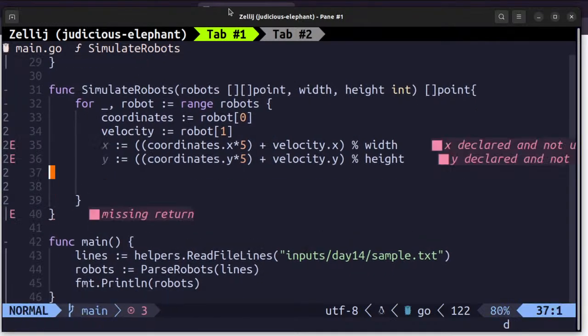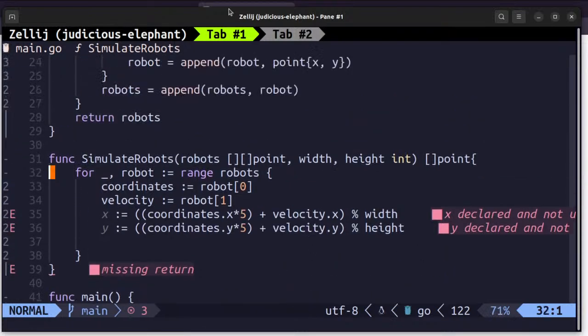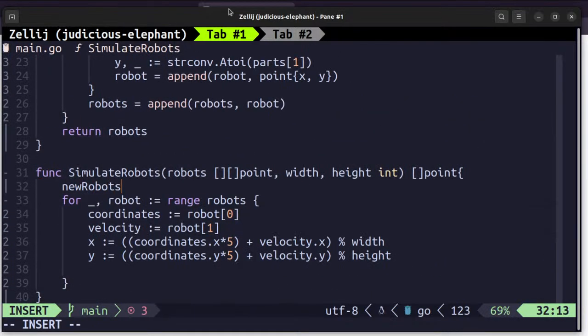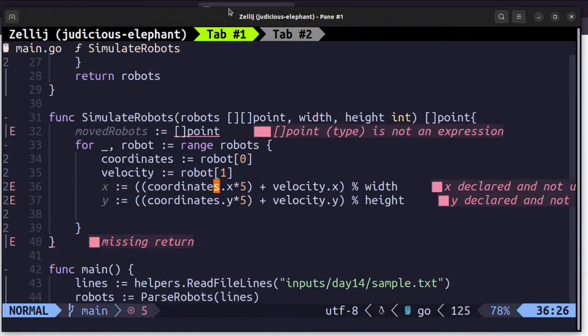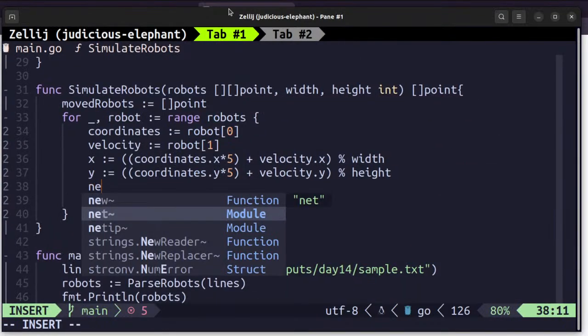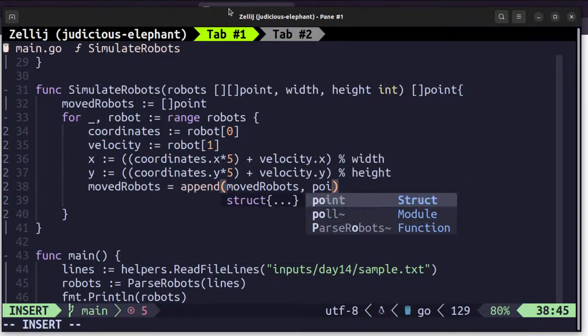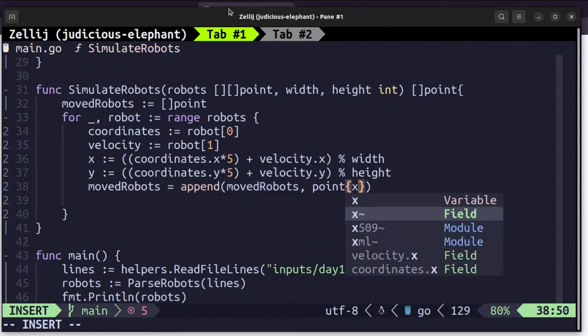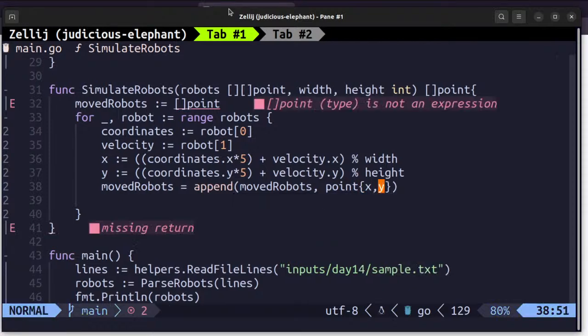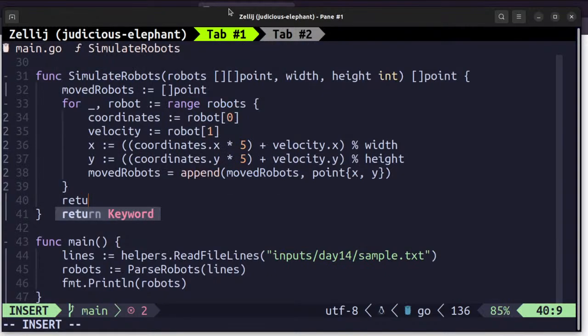So we'll create moved robots, a list of point, and append to the moved robots as we go, and return moved robots.